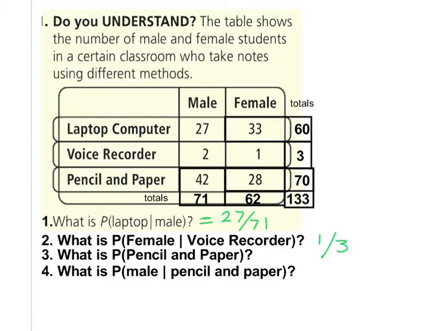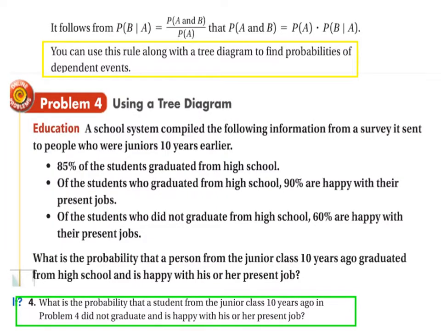Just the probability of pencil and paper would be 70 out of 133. And probability male given pencil and paper would be just that row, 42 out of 70. And again, I'll let you just reduce and come up with the percentages there just so you know, but those are the answers that we would have to deal with for those problems.